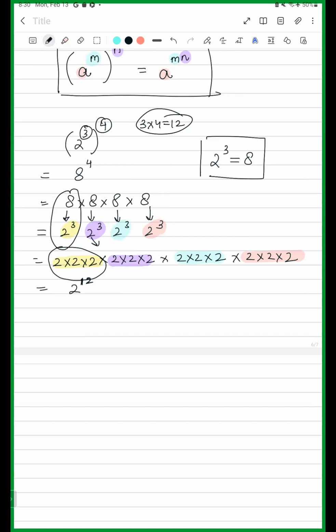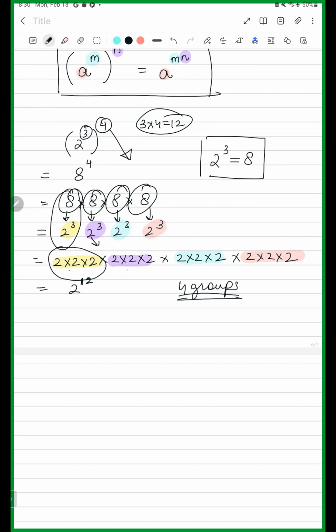आपको समझ में आ रहा है कि ये multiplication कैसे हो गया? Because how many 2s are there? There are 3 2s in every group. How many groups are there? There are 4 groups. 4 groups कैसे बने? वो इस 4 की वजह से बने, है ना? 8 to the power 4 की वजह से there were 4 groups of 8.